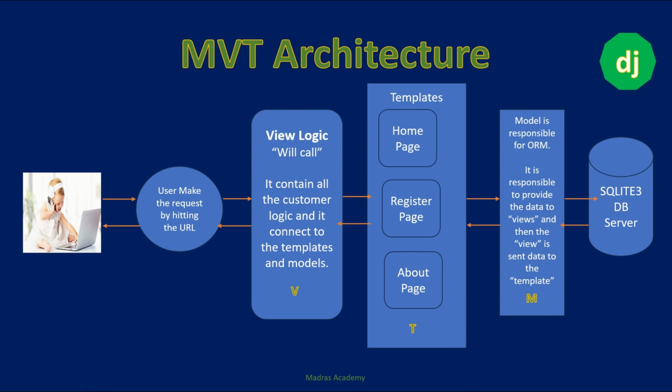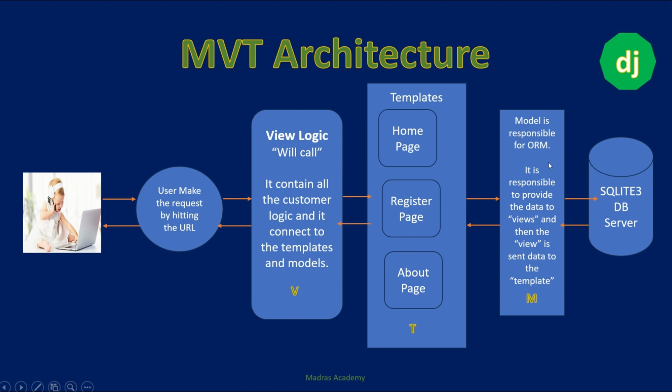So at that time, after the register page is viewed, when I click the submit button, we need to store the value to the database. At that time, immediately this view will call the model. And now the model is responsible for communicating with the database.